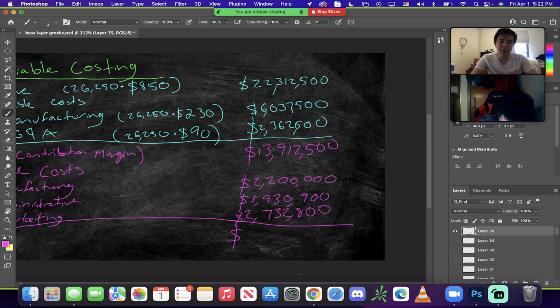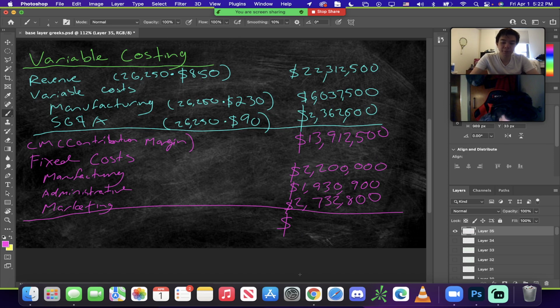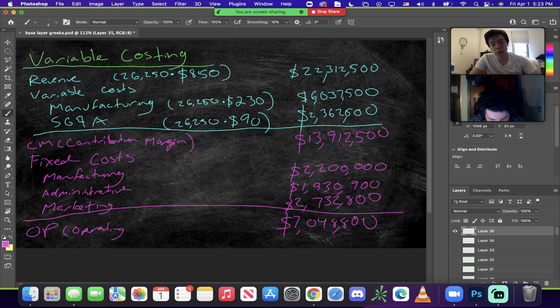And what do we get from that? I'm just writing it down. The operating profit. Awesome. And that's just subtracting all those numbers from the CM, right? Yep.